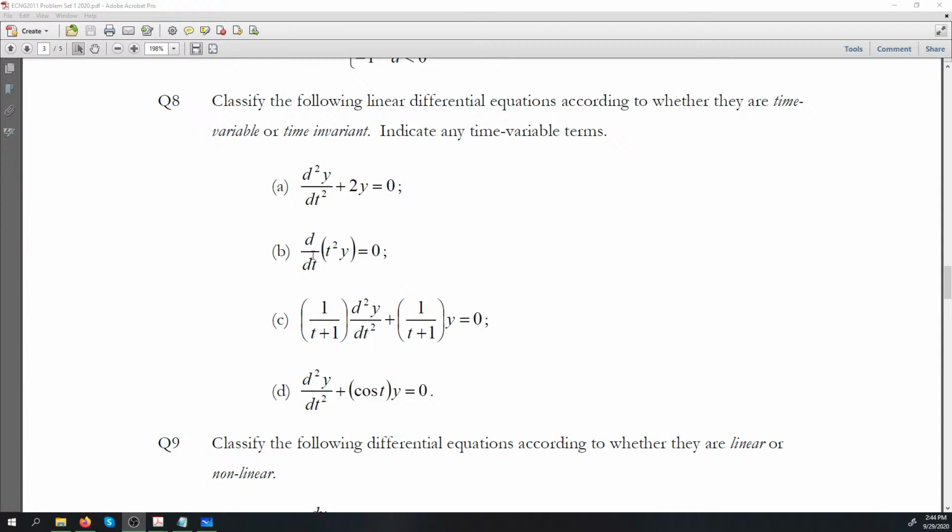Part B, on the other hand, because this is a differential of t squared y, means that you have a t squared here, which is independent of all the other components, and it's being multiplied, so this is going to be time variant.